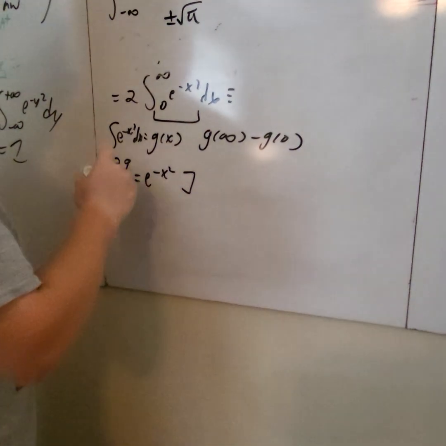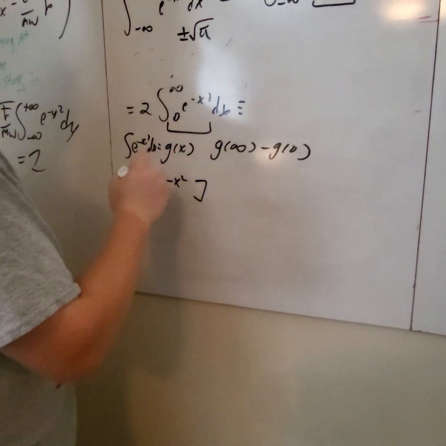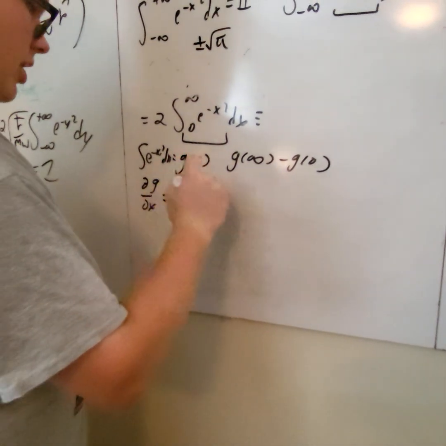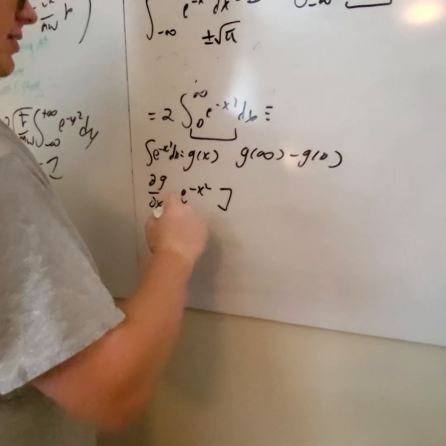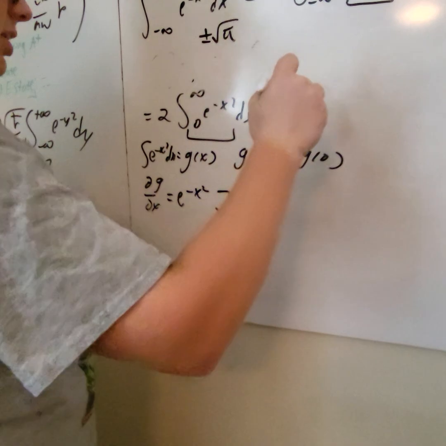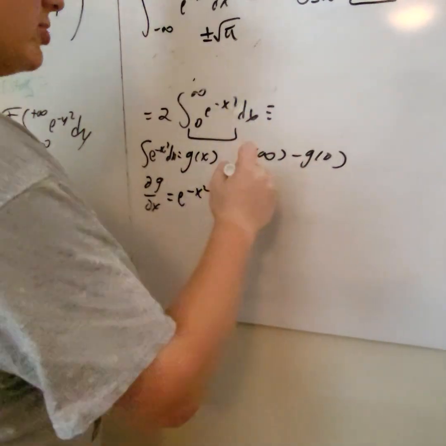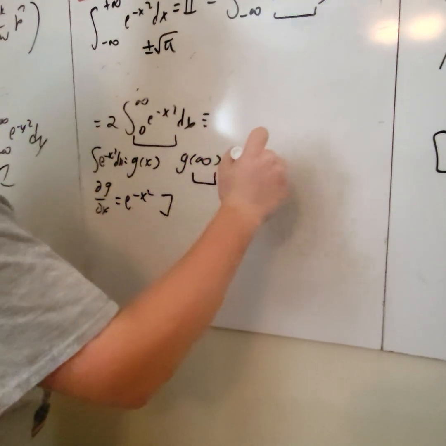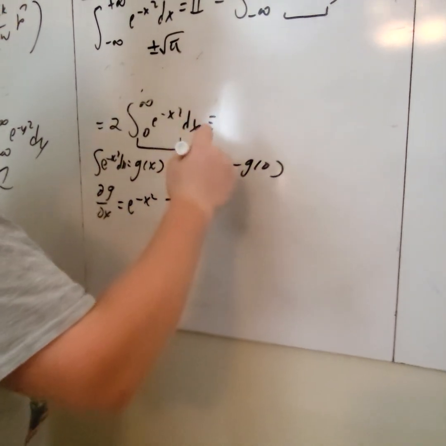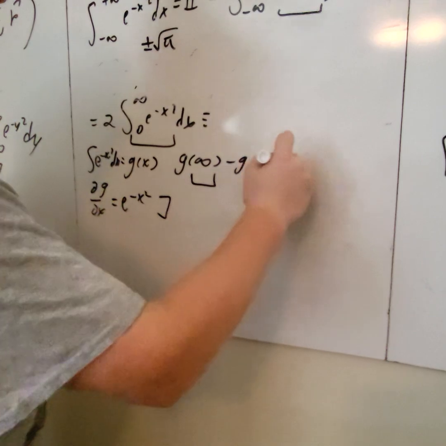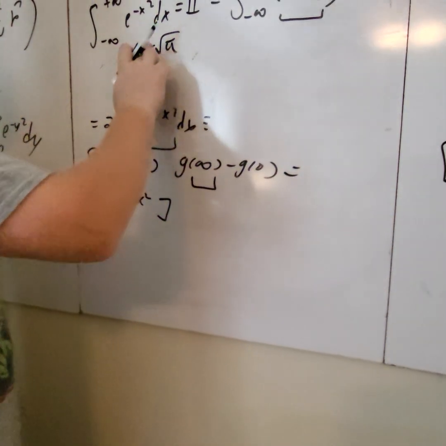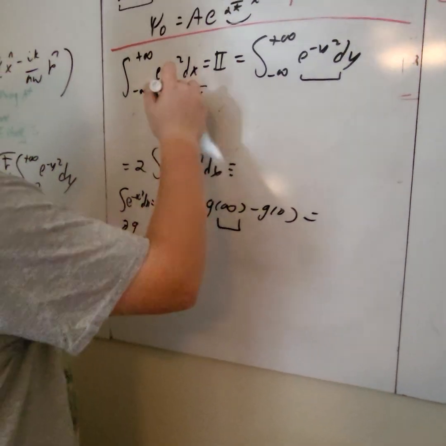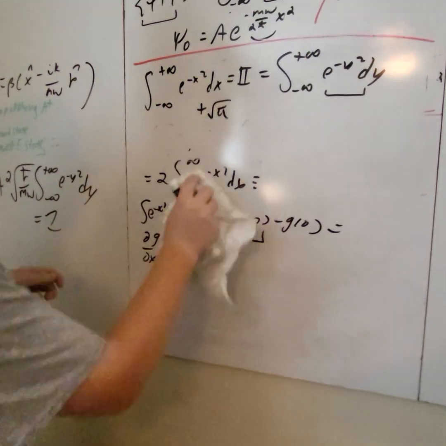So that means the derivative of g of x is always positive, which means it always increases from 0 to infinity as x increases. Since infinity is greater than 0, g of infinity minus g of 0 is going to be a positive number, which means our integral must equal positive square root of pi.